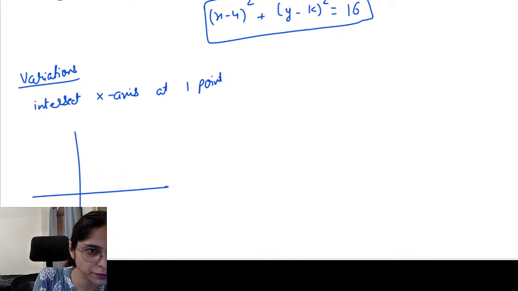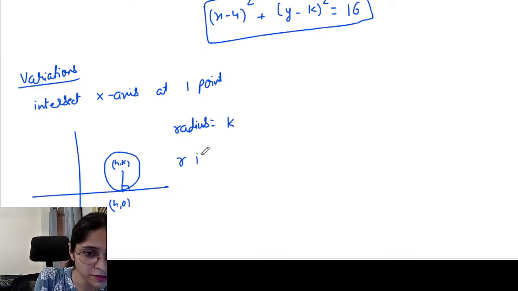Yeah, let me draw the diagram carefully. Now my center is h comma k, and we know radius is perpendicular. So this particular point is going to be h comma 0, and over here your radius is going to be equal to k.